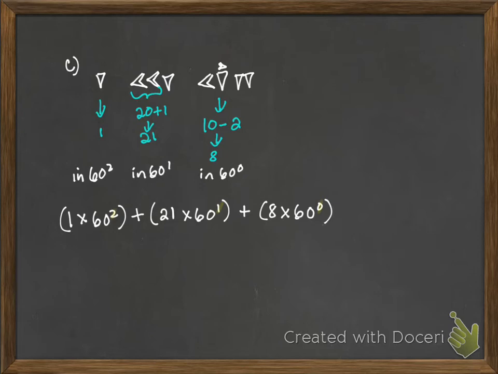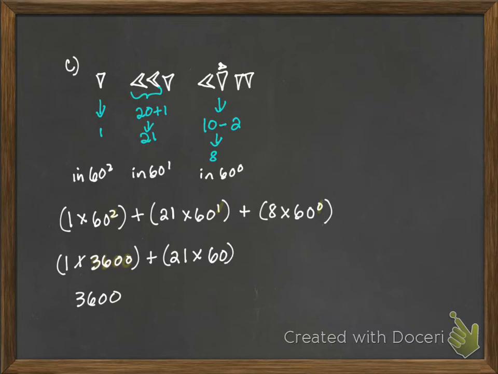So let's go ahead and figure this out. 3600, remember, is 60 to the second power, and let me write that down. And I'm going to multiply that by 1. So 1 times 3600 is 3600 plus. Now I have to do 21 times 60 to the first. 60 to the first is 60.